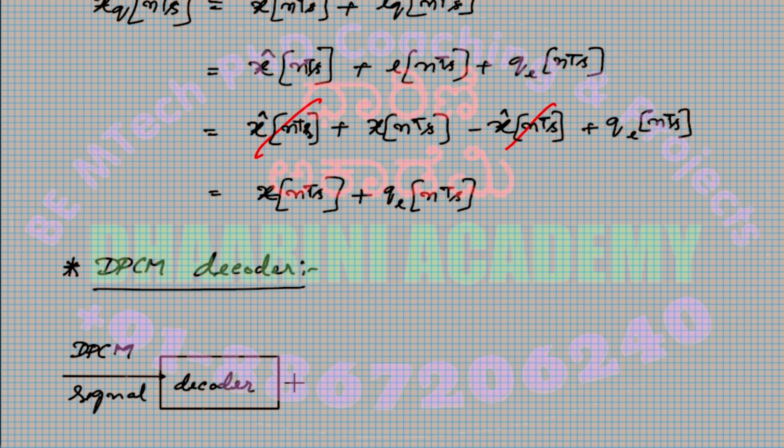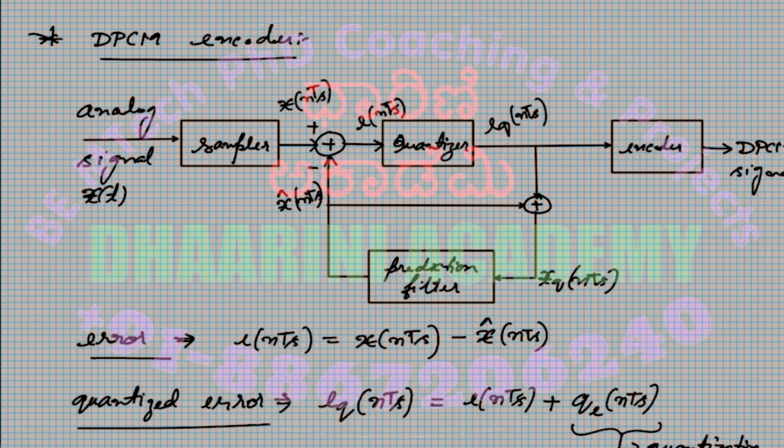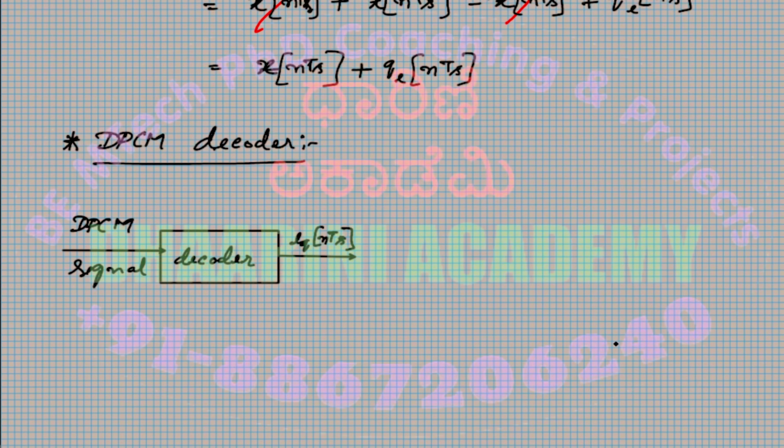That is EQ, correct? Because the error was encoded. So I'll directly get the quantized error, EQ of nTs, over there, right? Previously I obtained this by subtraction of X cap of nTs, isn't it? Right? Now you just have to add it, correct?